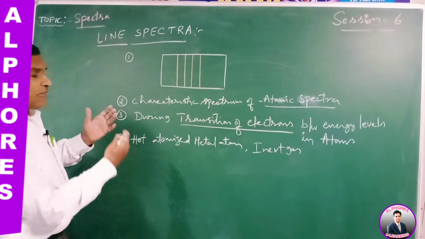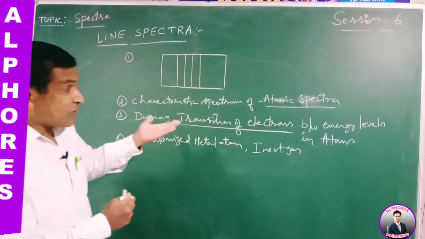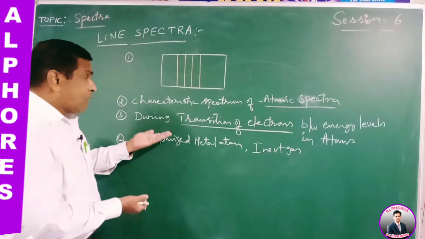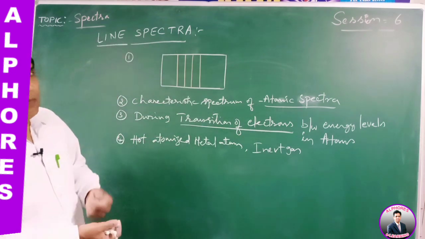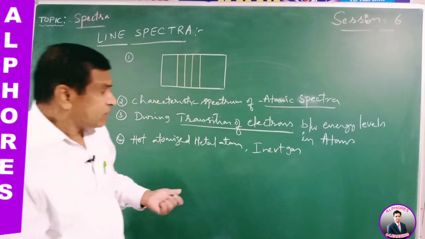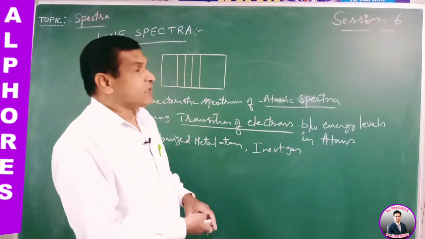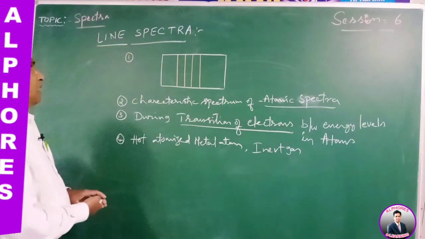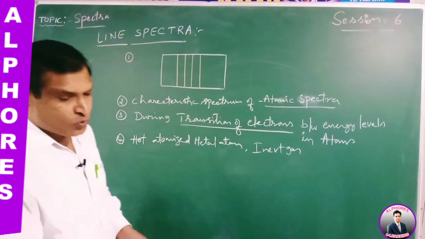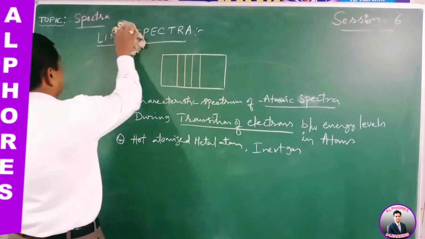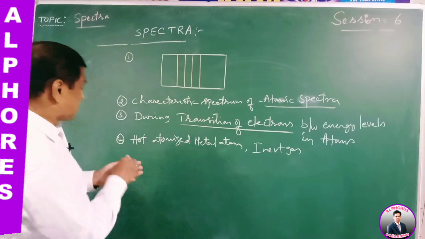This line spectra is formed during transition of electrons between energy levels in the atoms, and line spectra is formed by hot atomized metals and inert gas elements. So this is about line spectra. Next, coming to the band spectra.